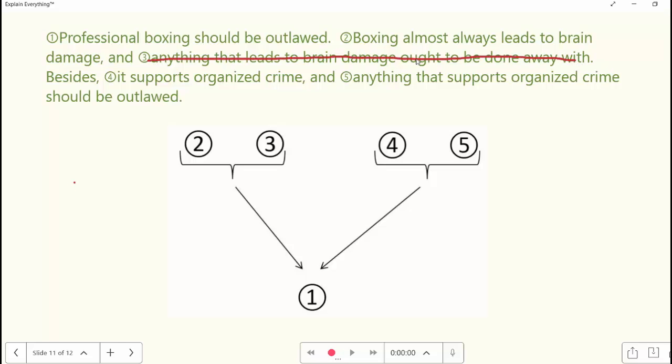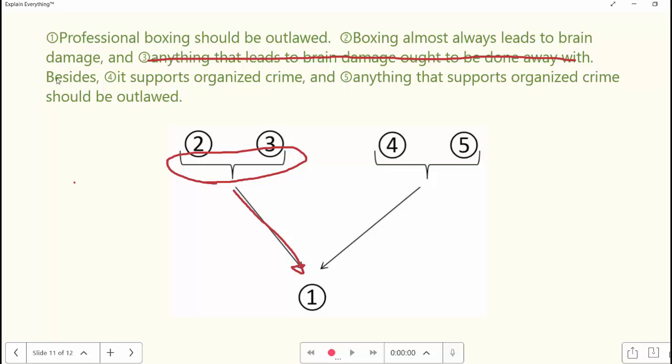We know that boxing almost always leads to brain damage, but unless we know that things that lead to brain damage are the kinds of things that should be done away with, then we don't know yet that professional boxing should be outlawed. So we can't get to 1 unless we have both 2 and 3, and that's why we get the brackets here for 2 and 3, because they're working together to get us to 1.